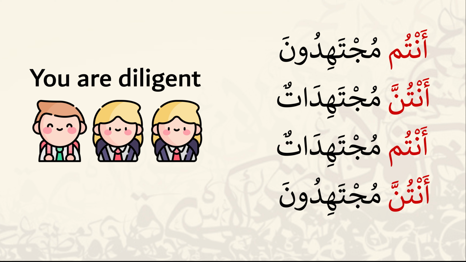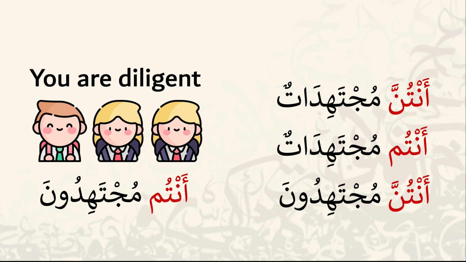The answer will be the first one. Both pronoun and adjective will be masculine. أنتم, you for masculine plural, and مجتهدون means diligent for masculine plural. Why? Because this is a group of mixed gender in which masculinity primes over femininity.